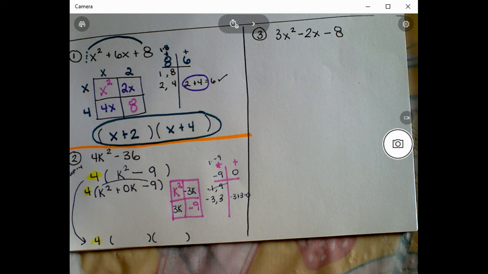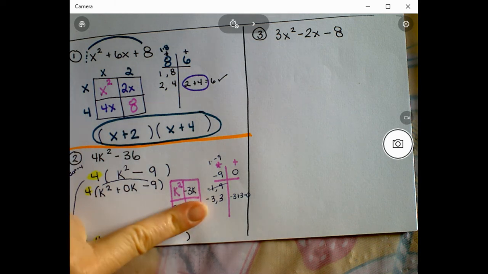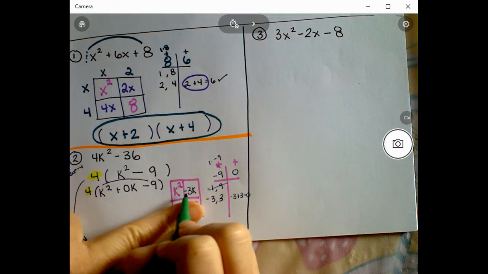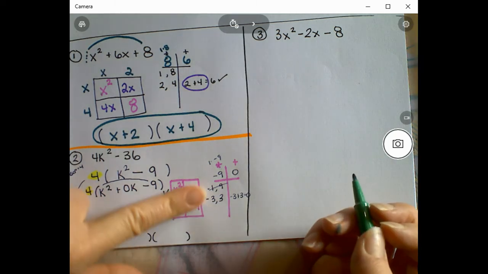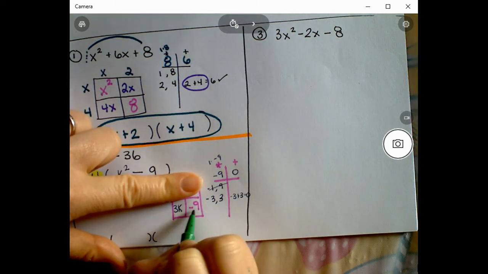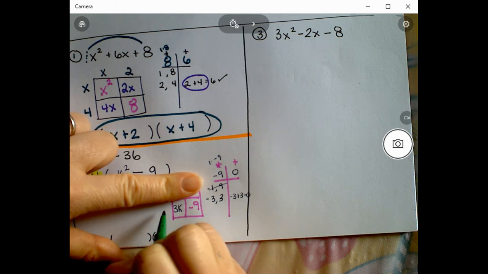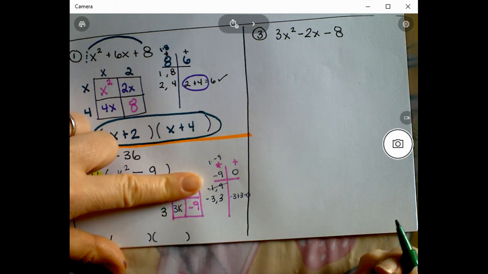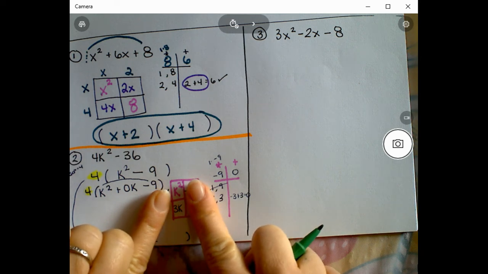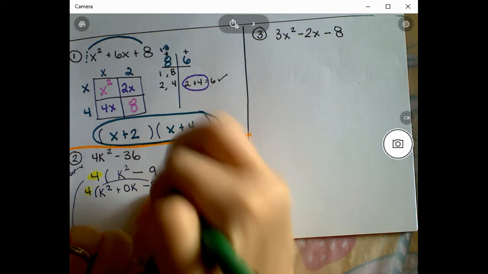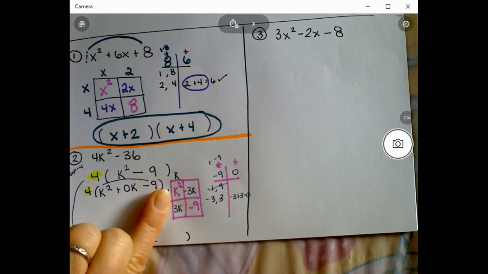And now we're going to find the GCF. What is the GCF of these two terms? It's k. What is the GCF of this? What could you divide them both by? We could divide them both by 3. What is the GCF of those? Well, we can divide them both by k. They both have a k.